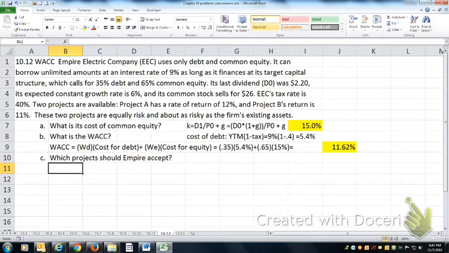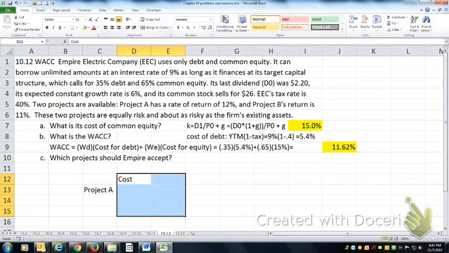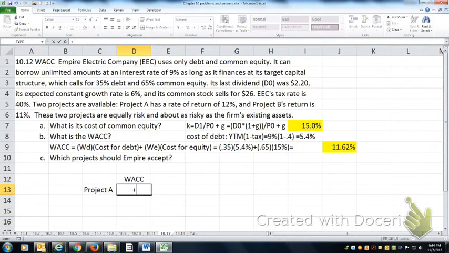Okay, which project should Empire accept? Project A, well, let's do the cost. The weighted average cost of capital for Project A would be 11.62%, and the return on Project A is given up here at 12%.